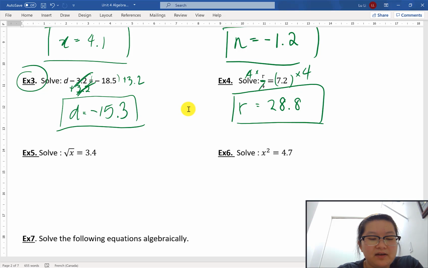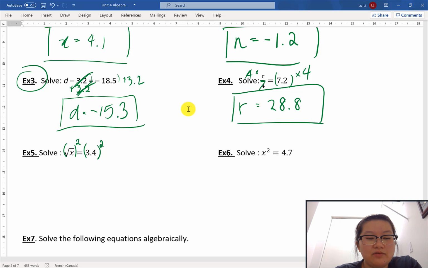So example 5 here, I have square root of x is equal to 3.4. The opposite operation here is to take the square of both sides. So I'm going to imagine I am bracketing the side of the equation, taking the square. I'm bracketing the entire other side of the equation and taking the square.